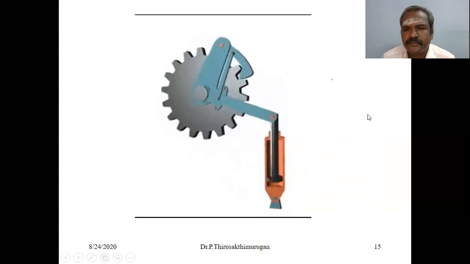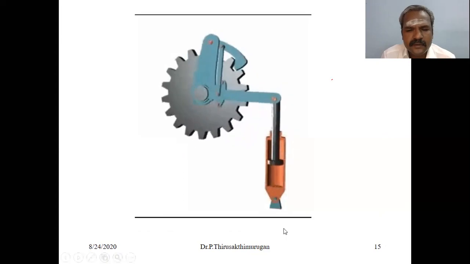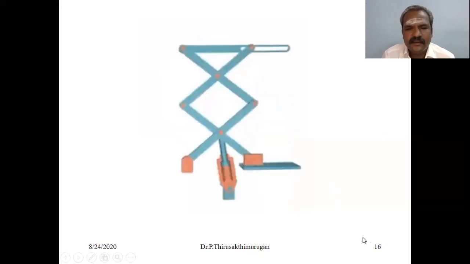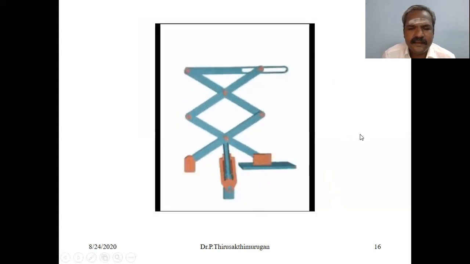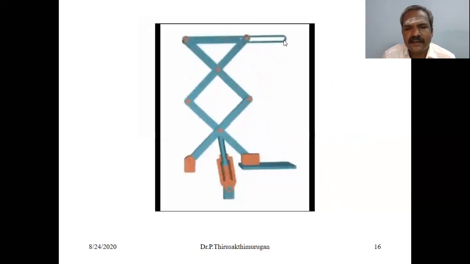You see, this is one hydraulic cylinder, a single acting hydraulic cylinder. Next, this is also single acting with an inclined movement, but the robo is attached at this arm.